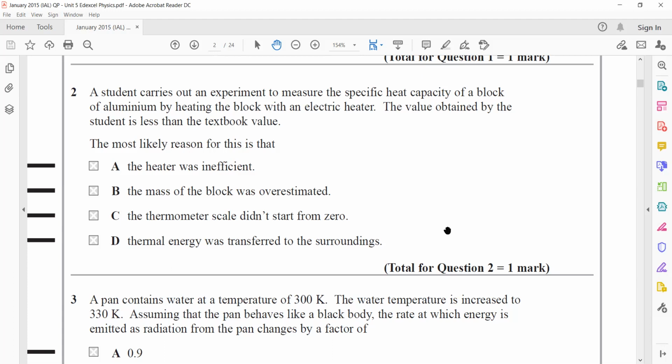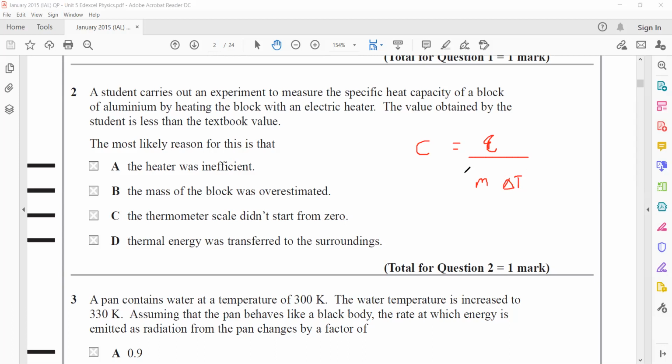A student carries out an experiment to measure the specific heat capacity of a block of aluminum. Heating the block with an electrical heater, the value obtained is less than the textbook value. So what could be the answer? Look, the formula for specific heat is energy divided by mass times change in temperature.